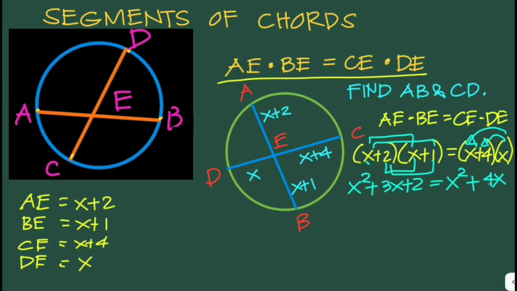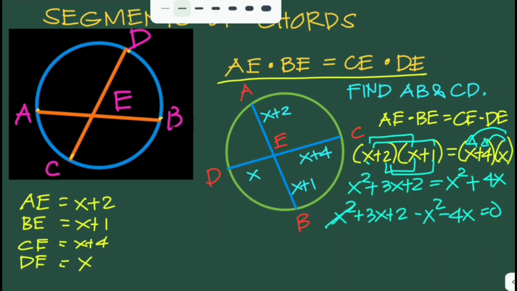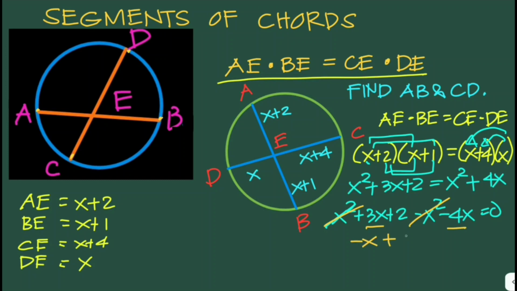Let's put all of the terms on the left. So that would be x squared plus 3x plus 2 minus x squared minus 4x equals 0. The x squared cancel out here. 3x minus 4x is just negative x, and then we have plus 2 equals 0.